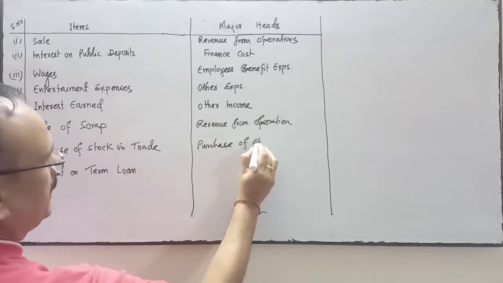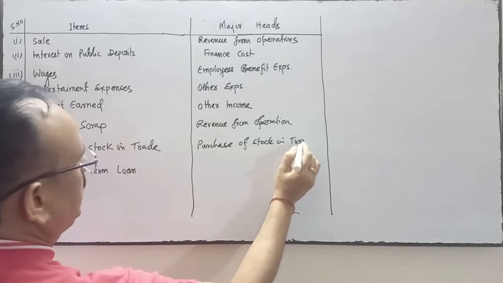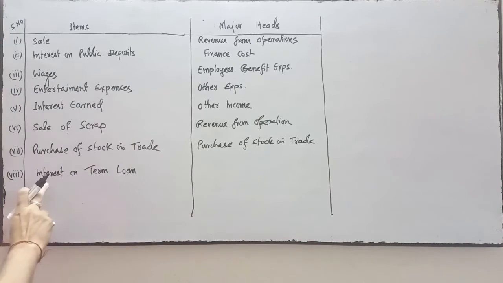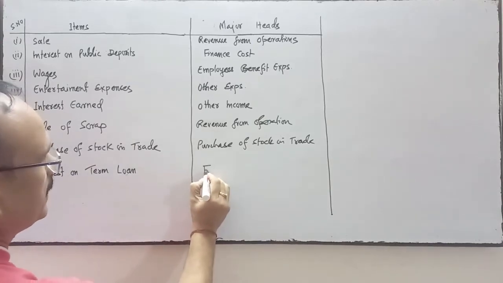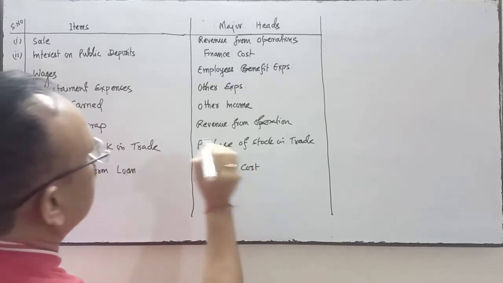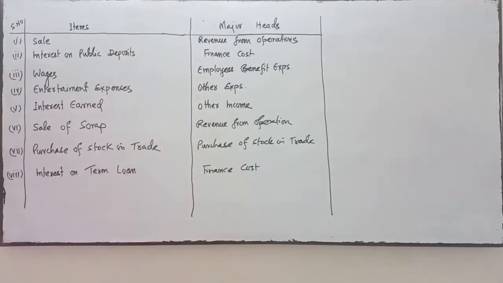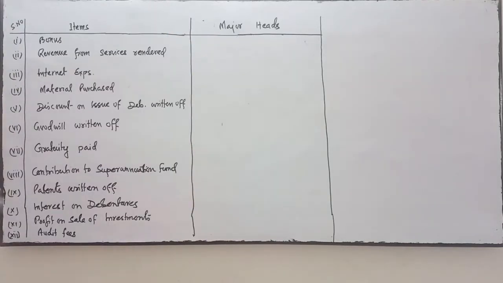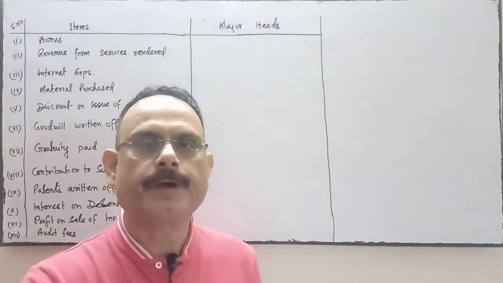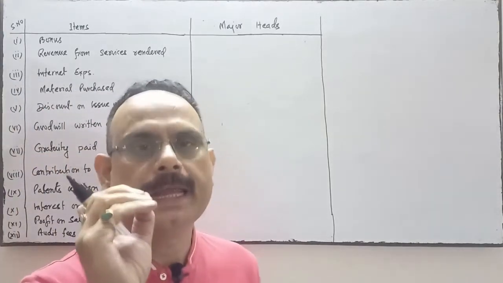Purchase of stock in trade is a separate line item. Interest on term loan comes under which cost? It comes under the finance cost. So the items are these and the major heads are these. I am giving you some items, you identify under which heading a particular item will be shown.